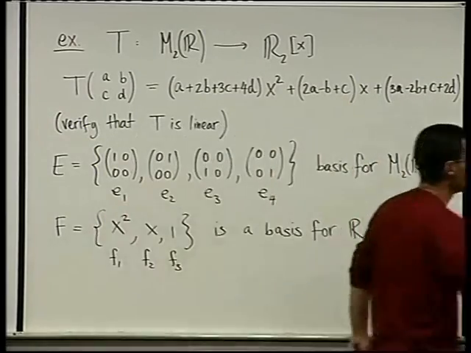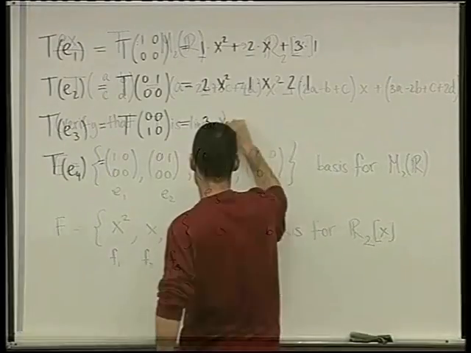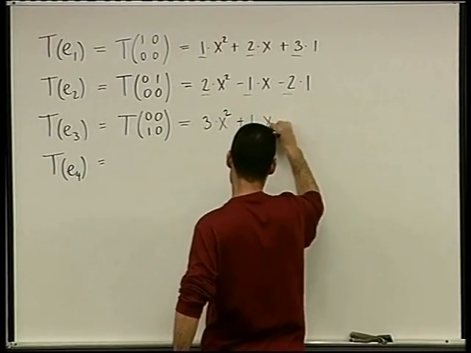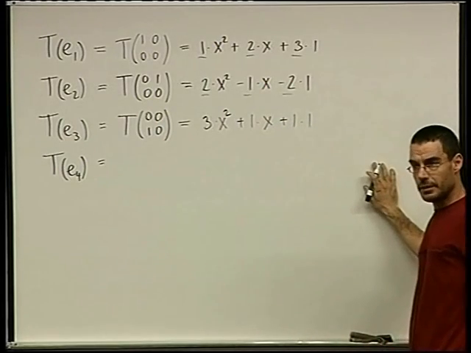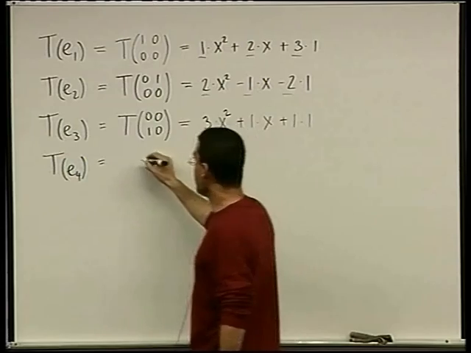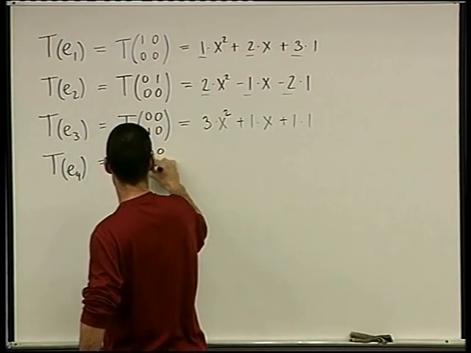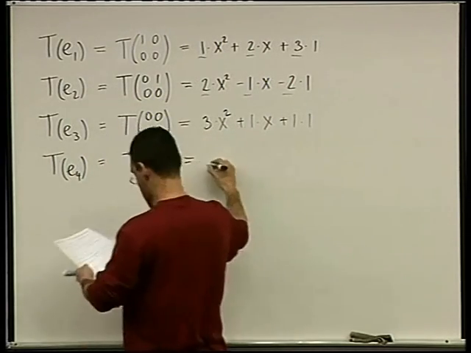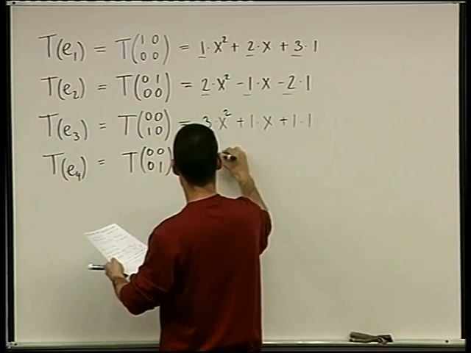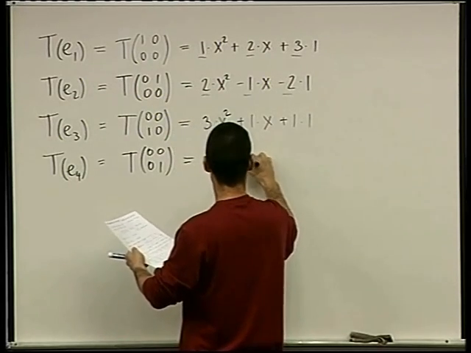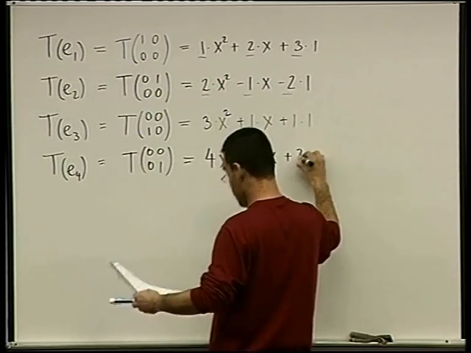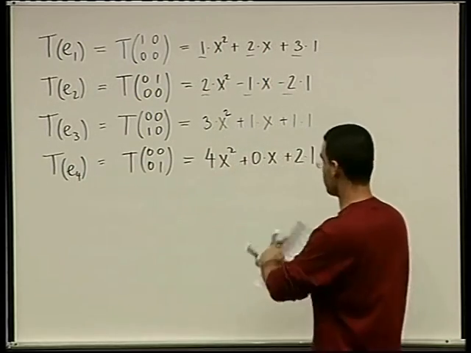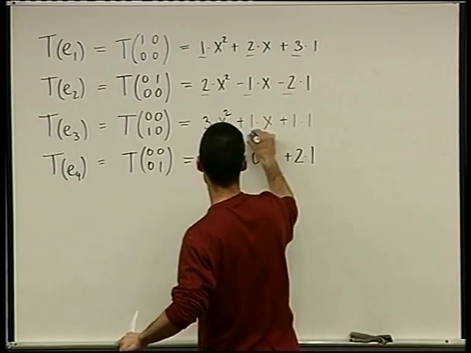Let's write it. 3 times x squared plus 1 times x plus 1 times 1. Right? Everybody good? And finally, T of (0, 0, 0, 1), you get 4x squared plus 0 times x plus 2 times 1.